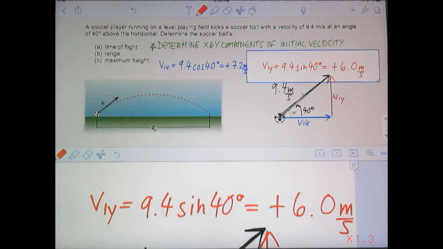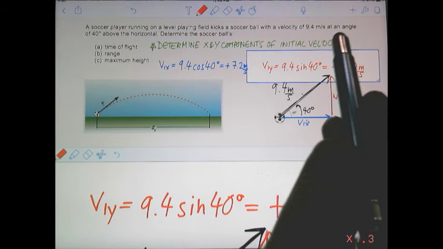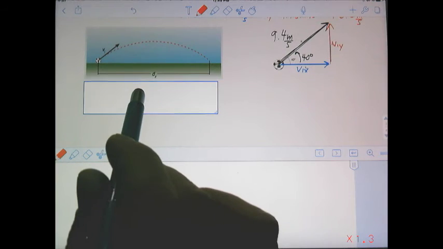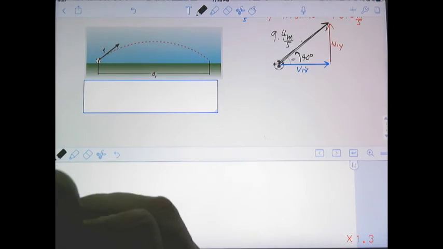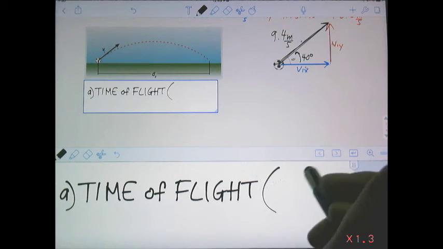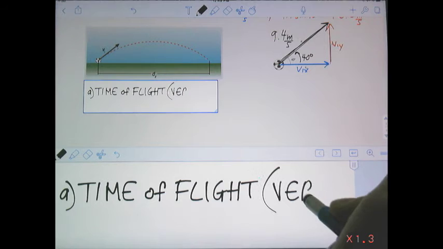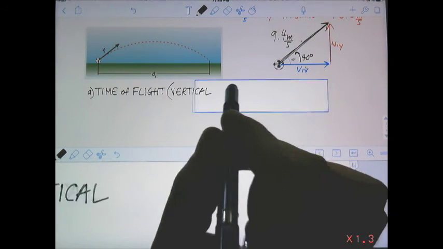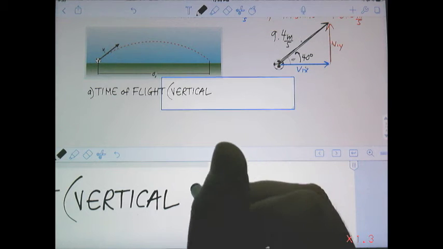So we haven't even attempted to answer the question yet, but now we can, because we've determined the x and y components of the initial velocity. Part A, determine the time of flight of this object. When we talk time of flight, we are talking about the vertical component, as time of flight is governed by gravity in the y direction.